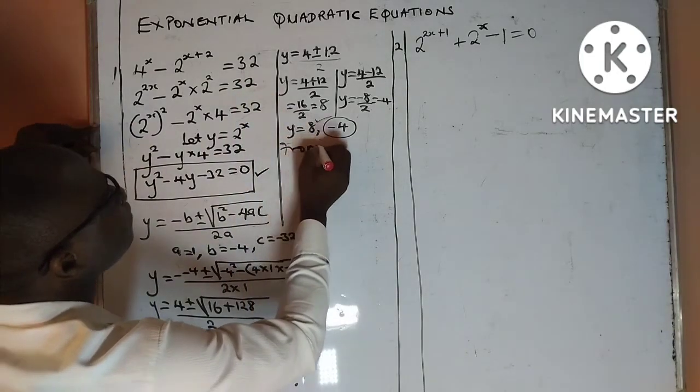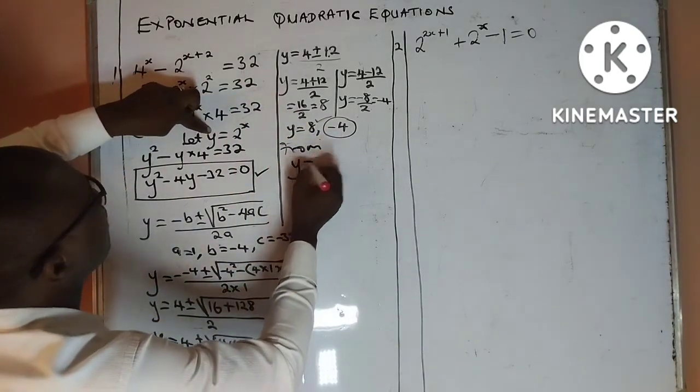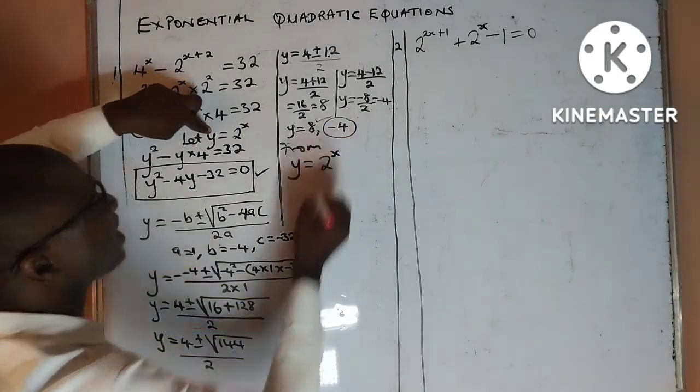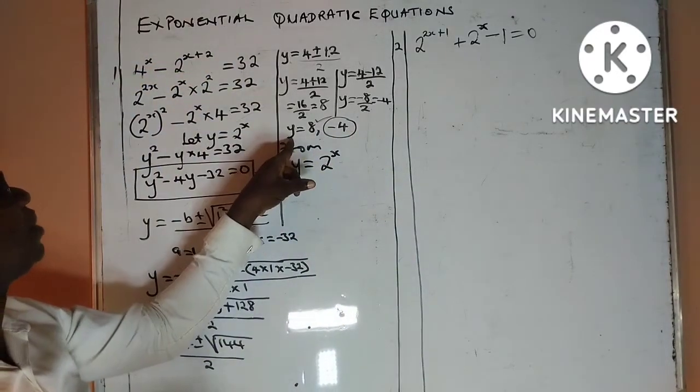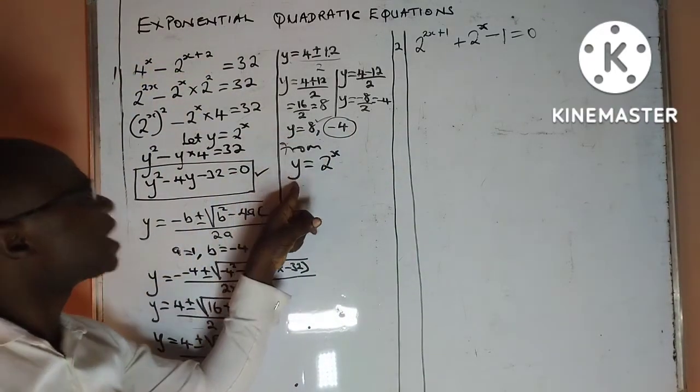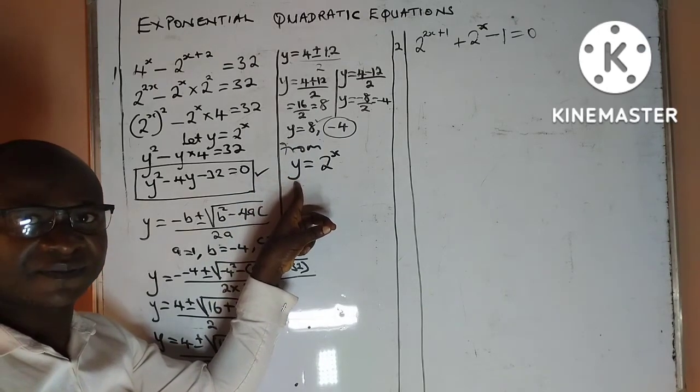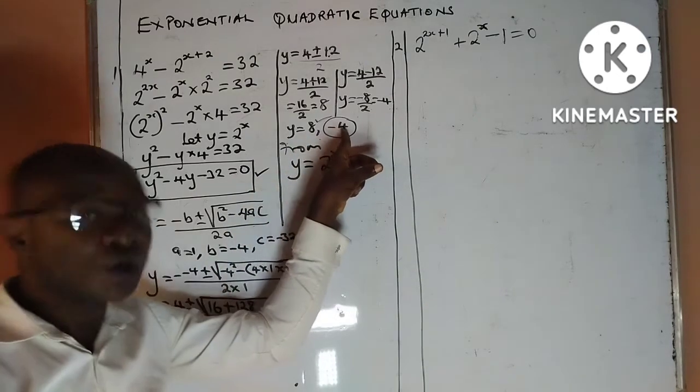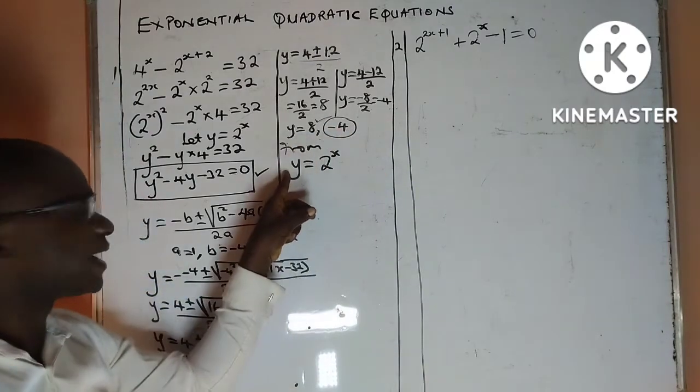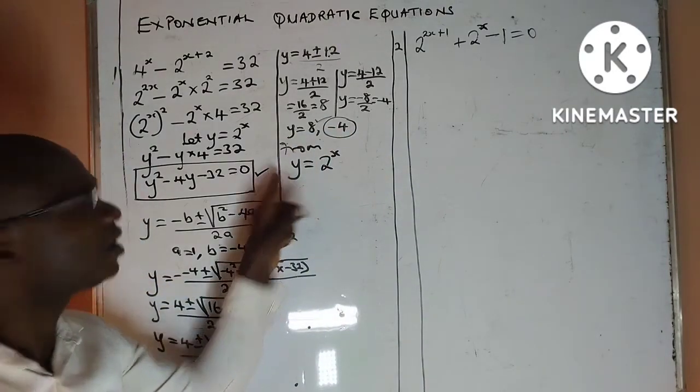Now, from y equal to 2 raised to the power x, anywhere I see y, because I have gotten it to be equal to 8, I will replace it with 8. Okay? I am not going to use negative 4. y cannot be a negative number. Alright.